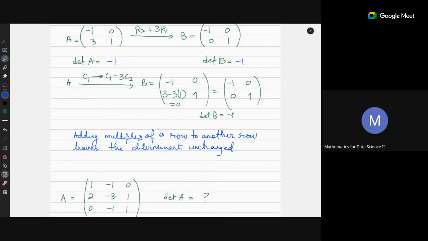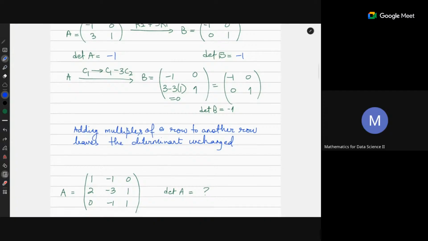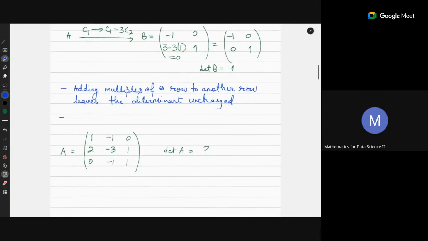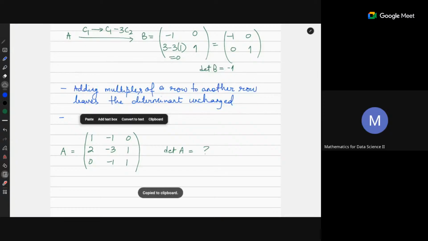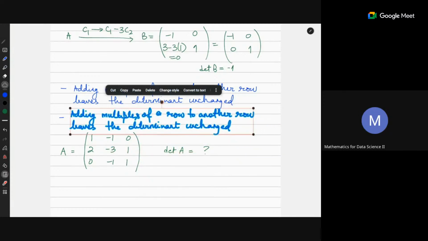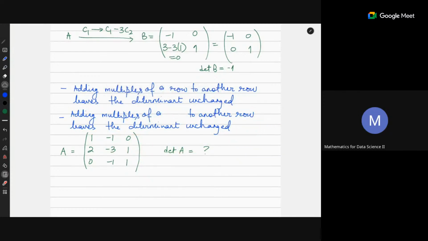And similarly, I can say the same thing for a column: row or column.